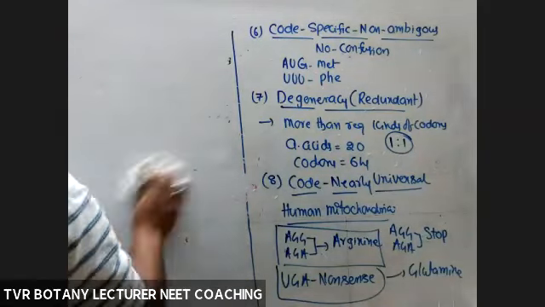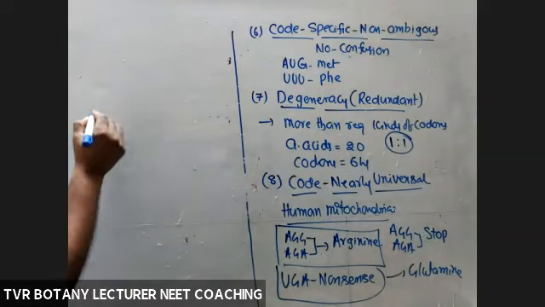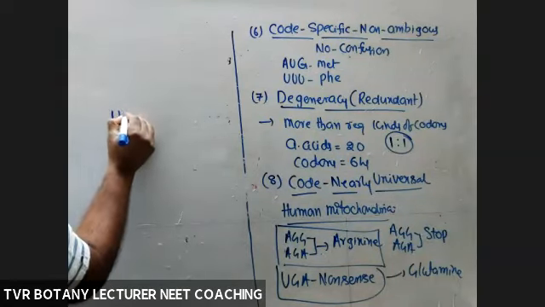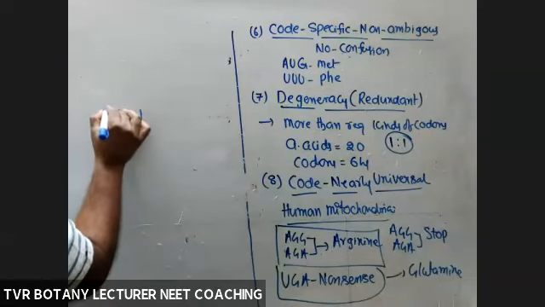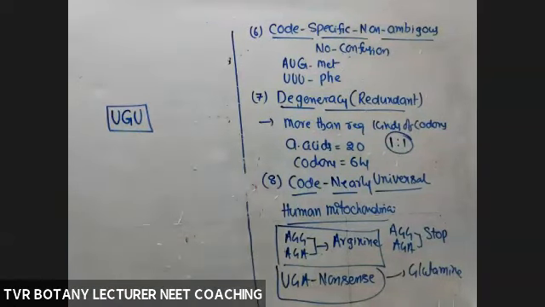So take one triplet codon here: U, G, U. This is one codon. UGU codes for cysteine.